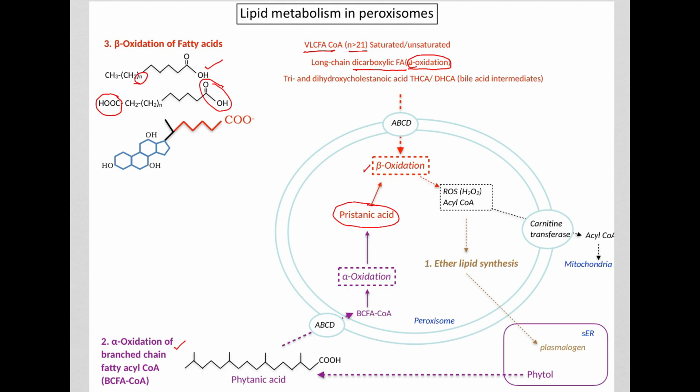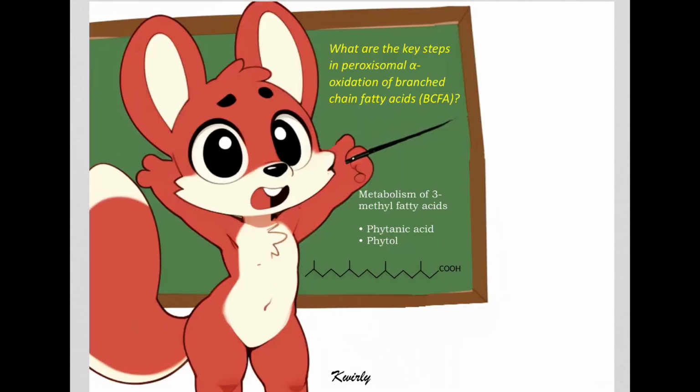And then we'll also discuss the bile acid intermediates formed from cholesterol, such as trihydroxycholestanoic acid, shown here with 3 hydroxyl groups, or the di form with only 2 hydroxyl groups, THCA or DHCA. Let's begin with the alpha-oxidation for branched-chain fatty acids.